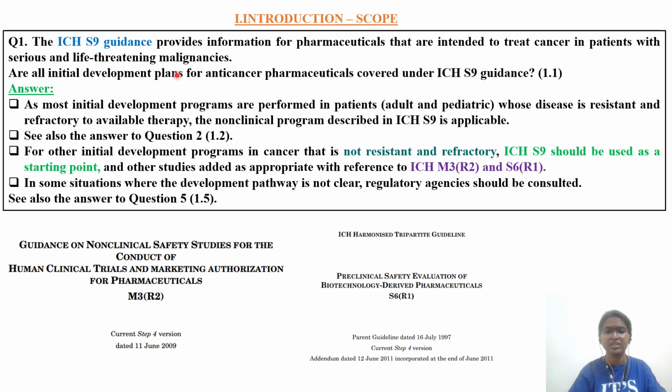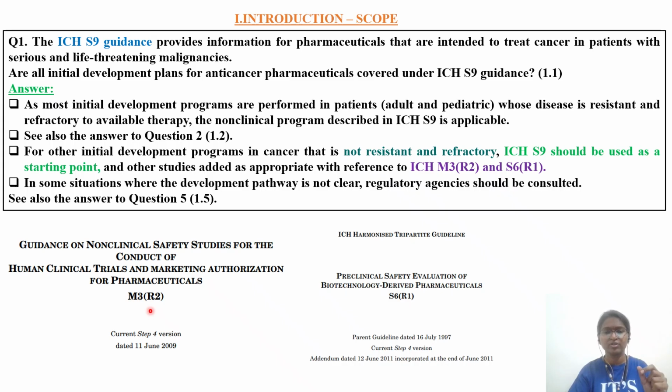For example, the ICH S6 guideline is applicable to biotechnology-derived pharmaceuticals, like antibodies and antigens. And if you look into the ICH M3R2 guideline, the scope is for small molecular weight, traditional types of molecules.